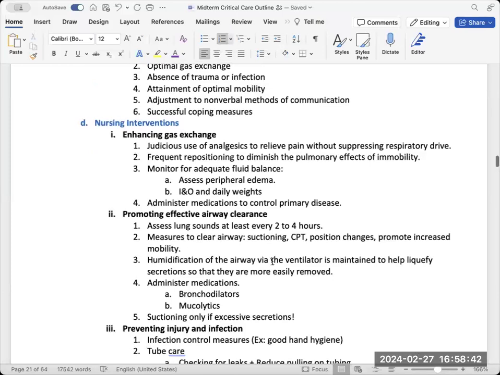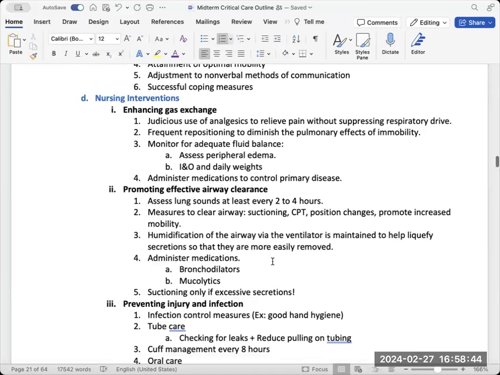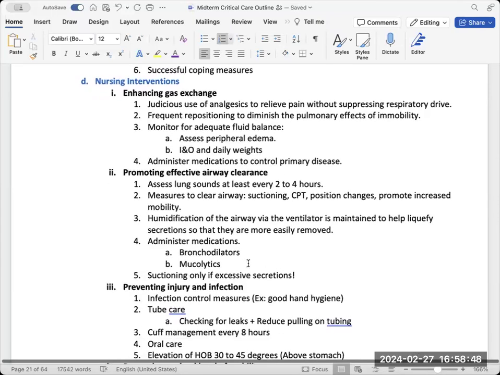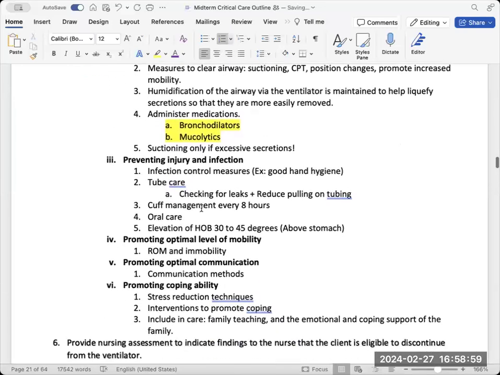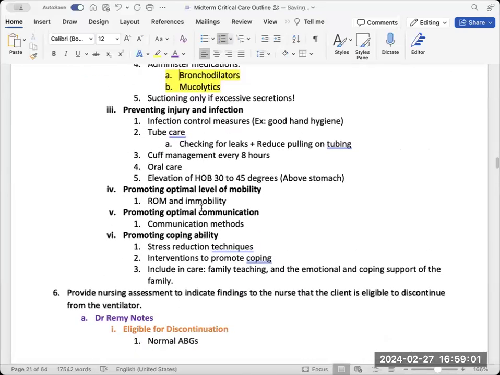So like I said, there's a bunch of different things that we could do to promote airway, to promote gas exchange, right? Another way to promote airway that Dr. Remy mentioned is bronchodilators and mucolytics that can help make sure that the airway is clear, right? Make sure we take infection and injury measures. Something else I'd like to point out is hand hygiene is essential when caring for patients on a mechanical ventilator, right?